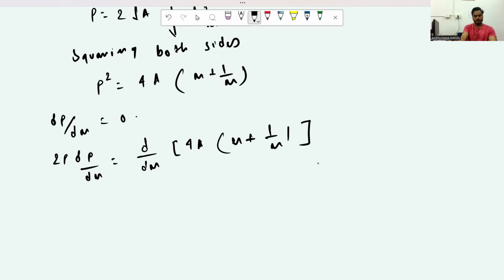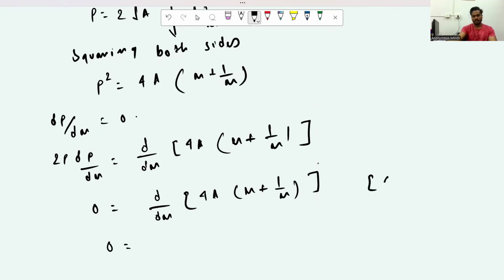So this becomes 0. So 0 is equal to d upon dm of 4A (m plus 1 by m). Here A is equal to constant, so I can take it out from the bracket. So 0 is equal to 4A d upon dm of (m plus 1 by m).